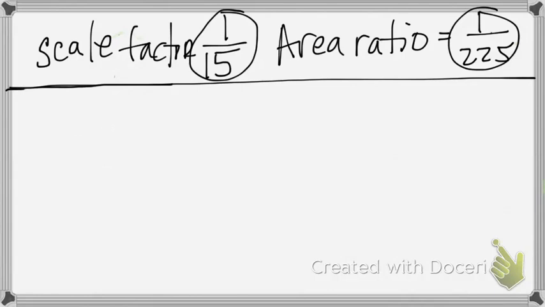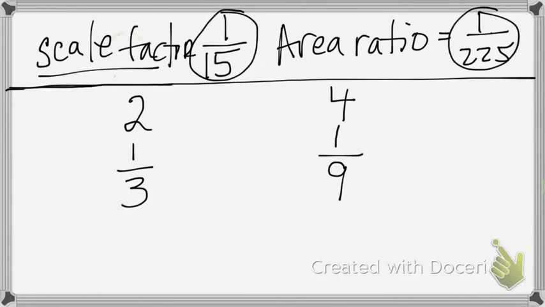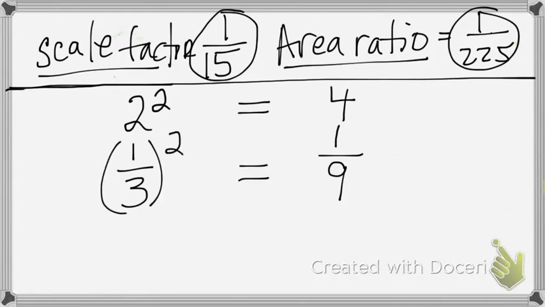We had a scale factor of 2, and then we had an area ratio of 4. Remember? We decided after looking at other examples where we had a scale factor of 1/3 and an area ratio of 1/9, that the relationship between scale factor and area ratio is you take your scale factor and you square it, and that gives you your area ratio. All right? So it worked out for those two as well as the third example.